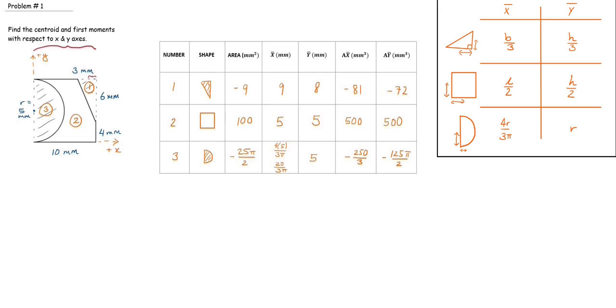So for the next step, we can sum up the area. We can sum up the area times the x bar, and also the area times the y bar. So hopefully my math is correct.